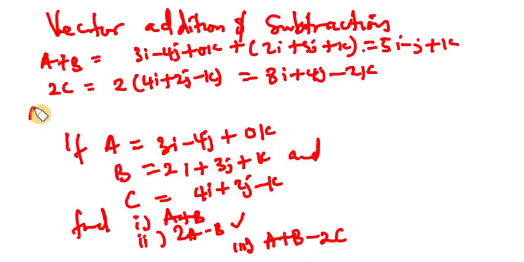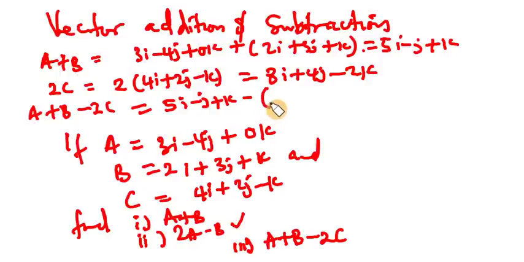We say a plus b minus 2c, so that we have 5i minus j plus k minus 2c, which is 8i plus 4j minus 2k. So what do we have?